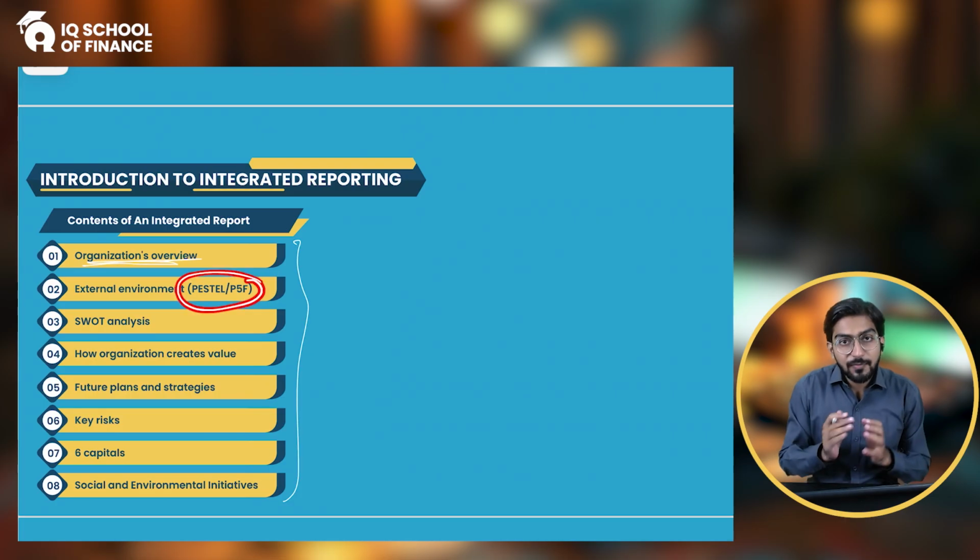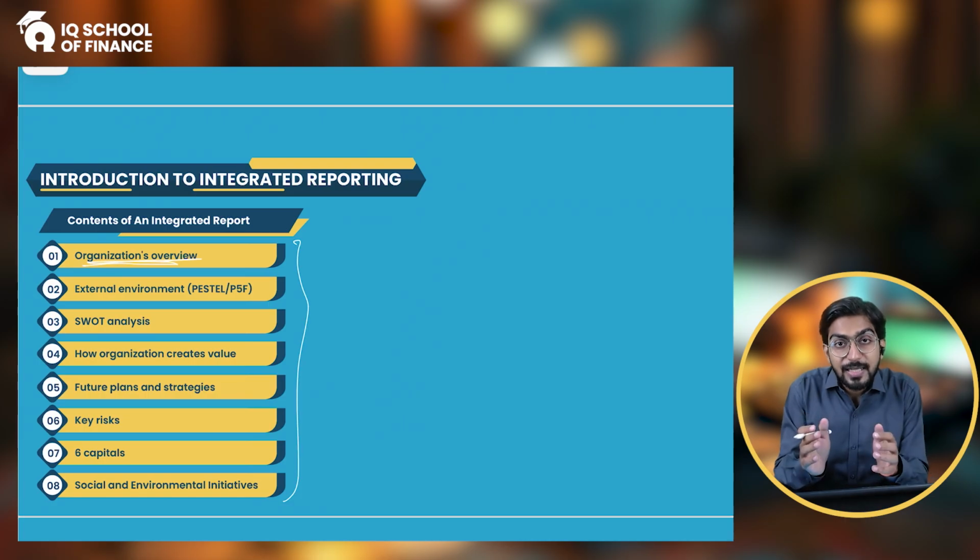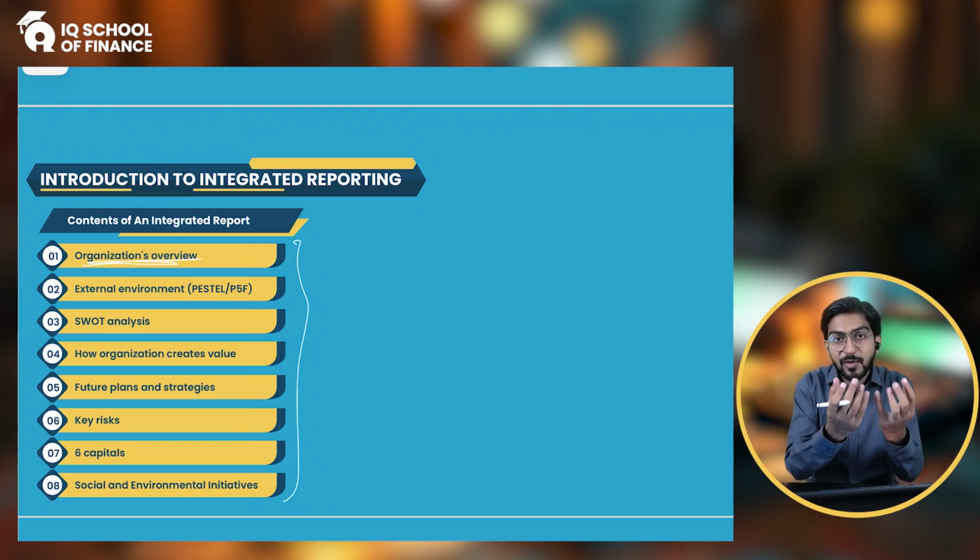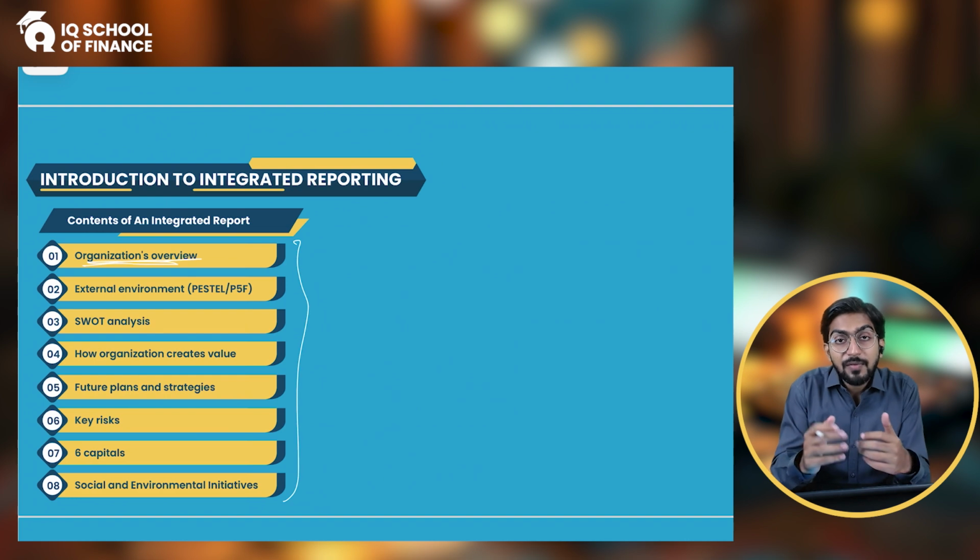So the external environment analysis to identify the risks and opportunities, you disclose this information in the integrated reporting, that we have performed the PESTLE analysis, we have performed the Porter's Five Forces analysis, and these are the risks and opportunities which our company is actually facing, and we will have to deal with them in the future. These are the opportunities which we may capitalize on and become better. We can grow. These are the risks which are going to create threats for us. All right. You mention these kinds of things. Obviously, these are forward looking.